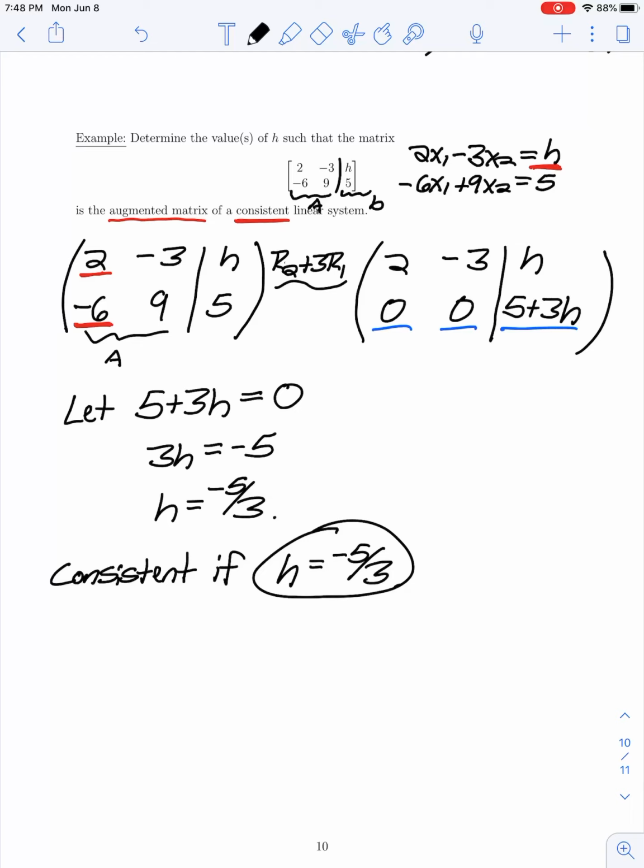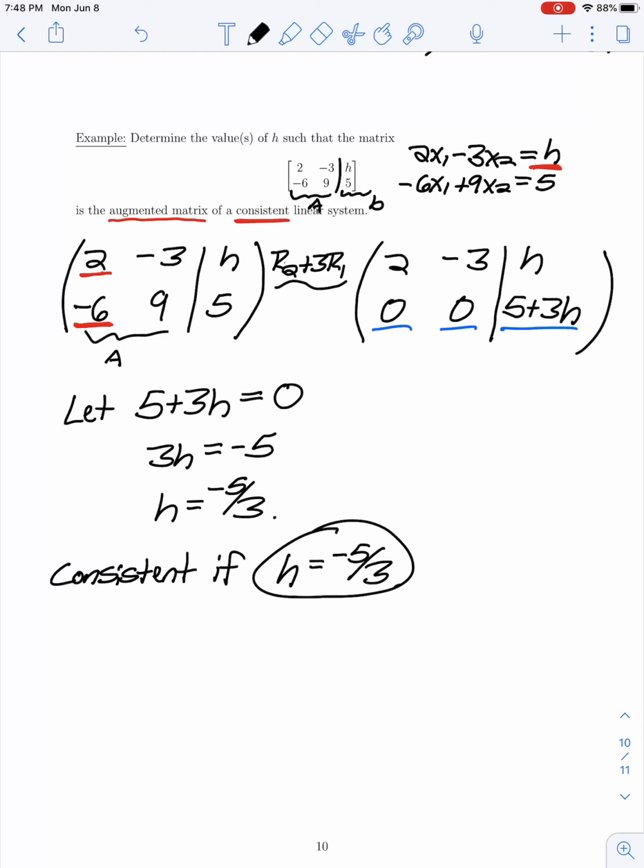So in this last example, we have a variable other than x1 and x2 in one of our equations, and we have to come up with restrictions on that variable in order for our system to have a solution.